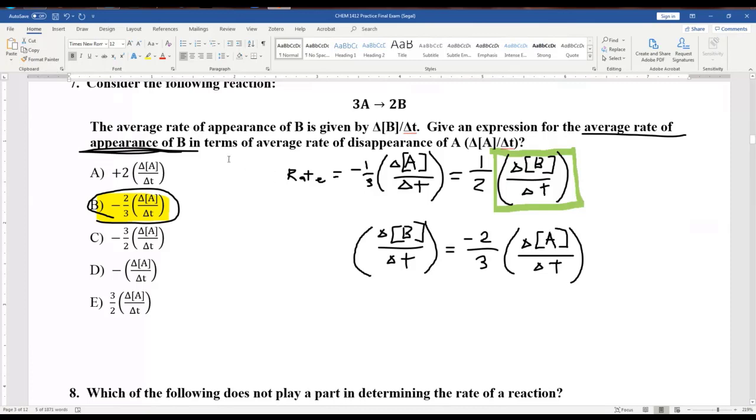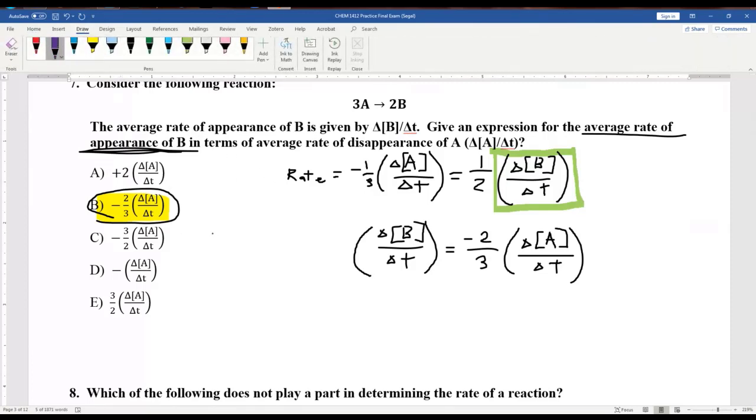These types of rate expressions are sometimes called differential rate laws, having reference to calculus here.